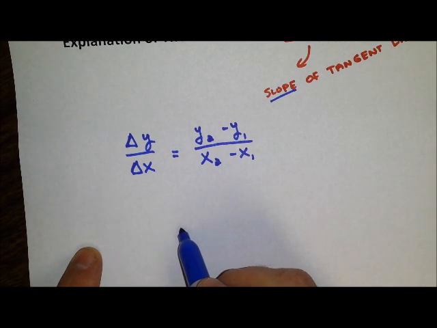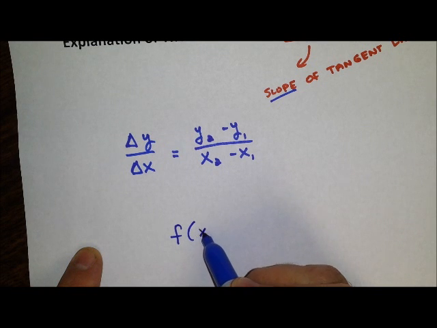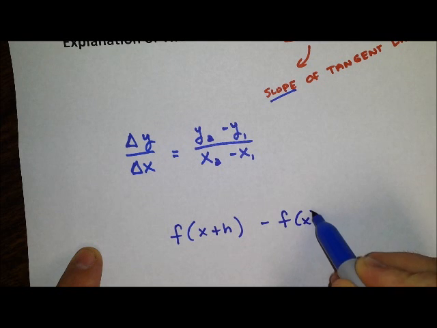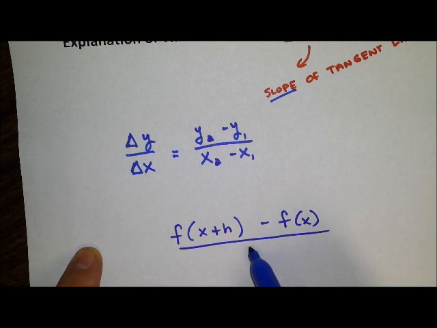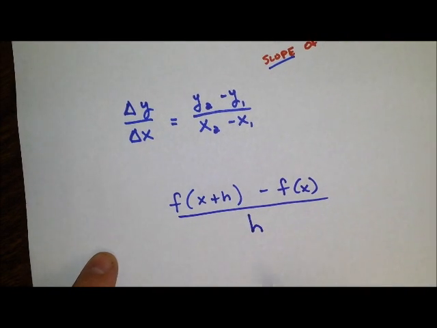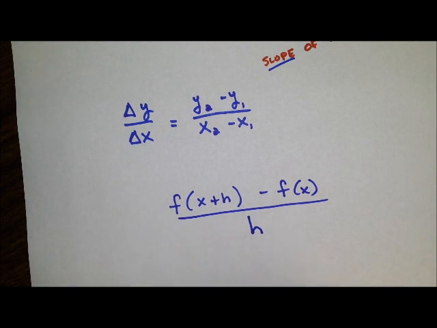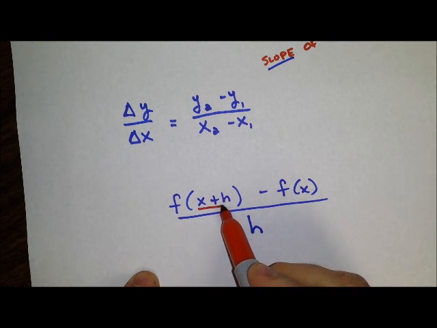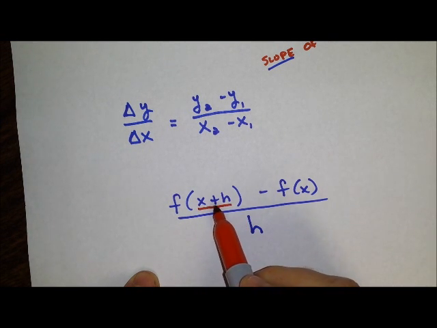If I take a look at it as f of x plus h minus f of x all over h, this is still the change in y over the change in x, and let me explain why. This is an x value, and we are plugging it into a function.